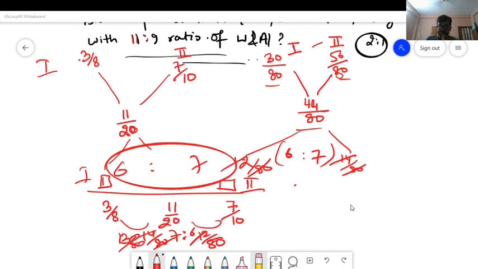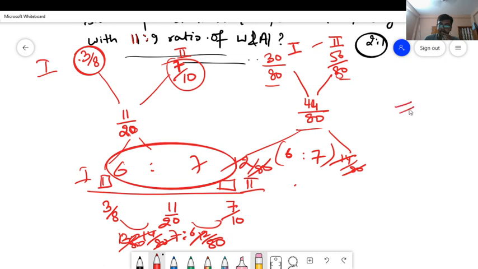Okay, is it clear to everyone? No, no, we cannot take both here, right? We will take the concentration of one only.